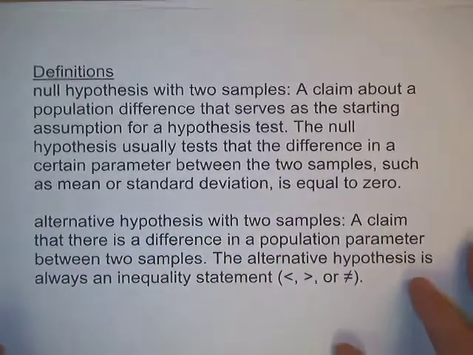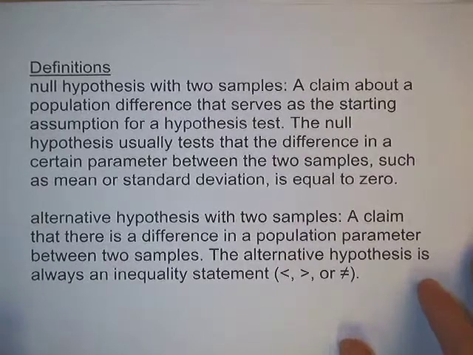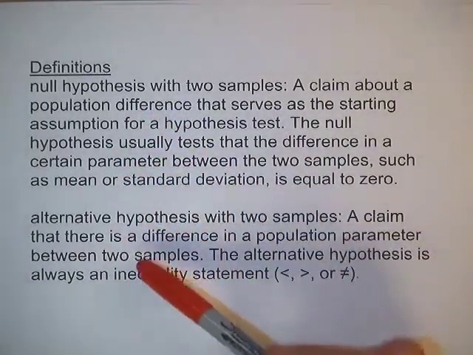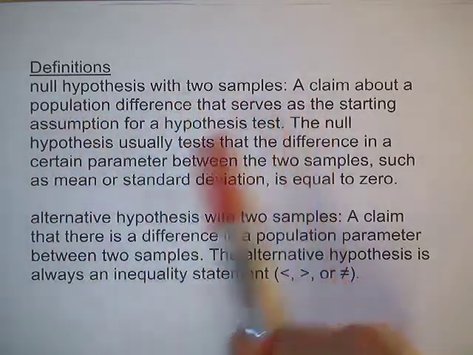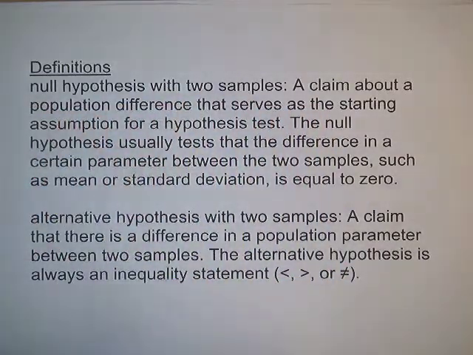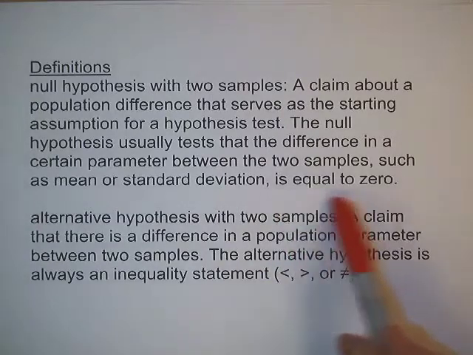Anytime I do a hypothesis test, I need to write some hypotheses. So let's define the null and alternative hypotheses for hypothesis tests with two samples. A null hypothesis with two samples is a claim about a population difference that serves as the starting assumption for a hypothesis test. The null hypothesis usually tests that the difference in a certain parameter between the two samples, such as a mean or a standard deviation, is equal to 0.